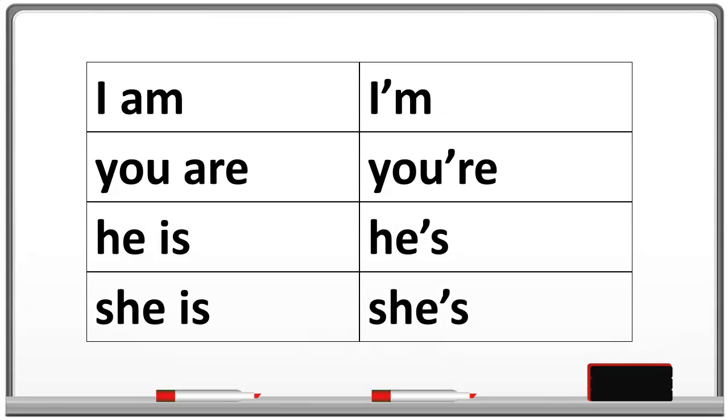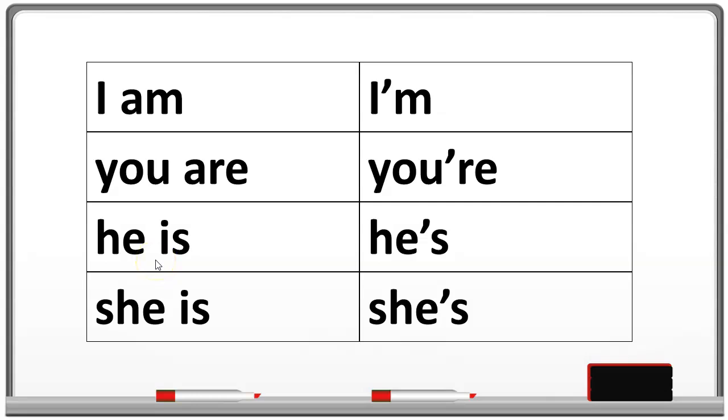Okay, so let's review the subject and verb forms that you learned here. Remember, I am, and the contraction, I'm. You are, and the contraction, you're.